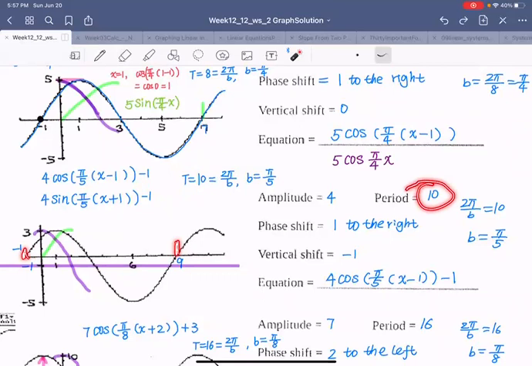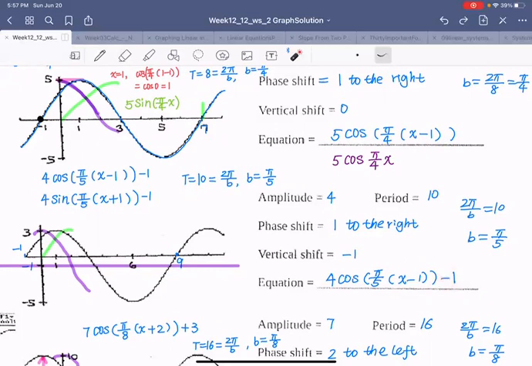Okay. And so then we do 2 pi over b equals 10, which gives us pi over 5. So the equation is 4 cosine of pi over 5 times the quantity x minus 1, minus 1.